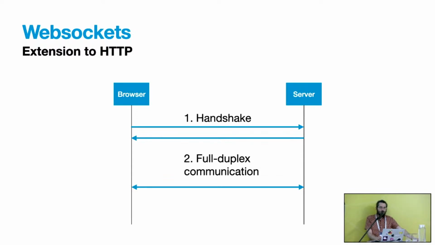So there's an initial handshake, which looks similar to an HTTP request and response. The client says, hey, I want to get this path, but I want to use WebSockets. The server says, yeah, sure, I support WebSockets. And then everything after that can be either one sending data in real time as needed.